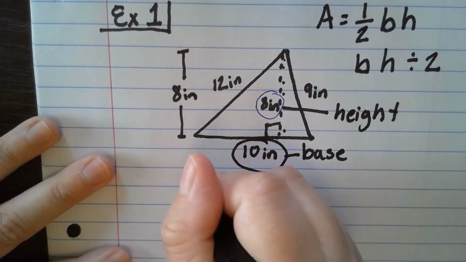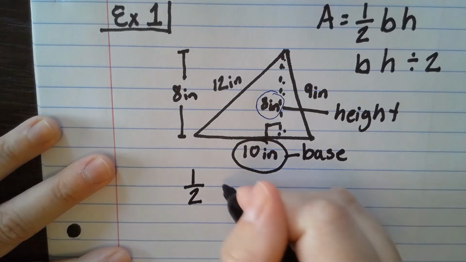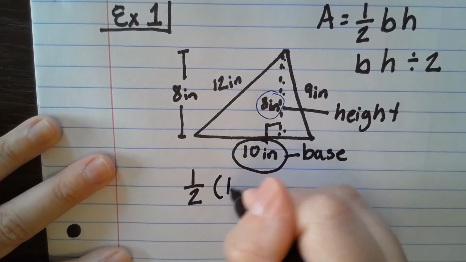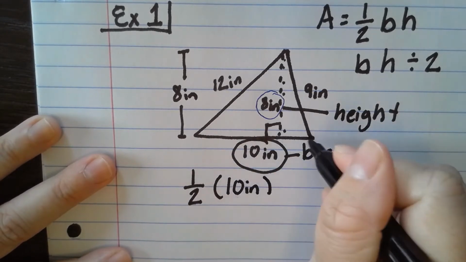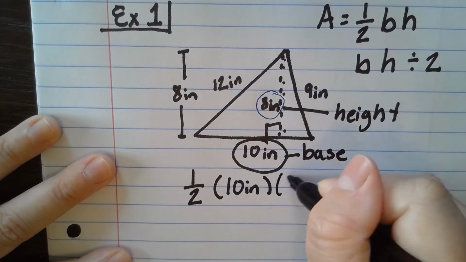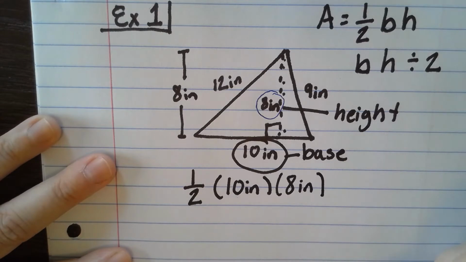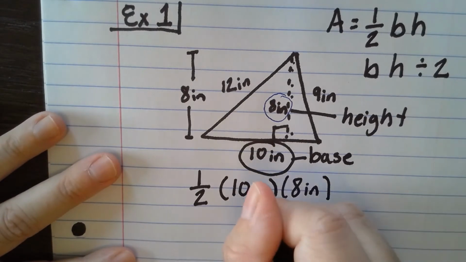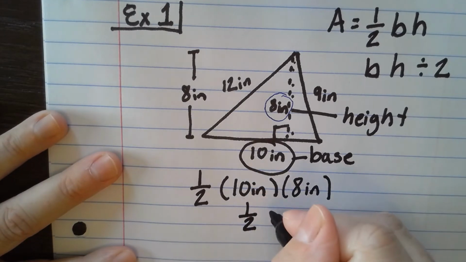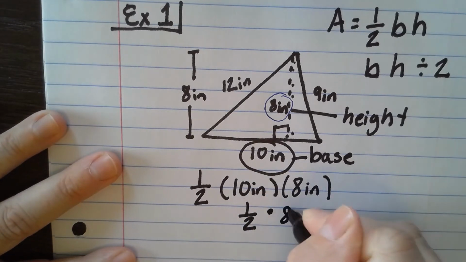Now I'll substitute my values into my equation and solve. I have 1/2 base times height: 1/2, my base is 10 inches, my height is 8 inches, and I will multiply that. I will use a calculator, but in my head I know 10 times 8 is 80. So that's 1/2 times, which I'm showing using a dot, 80 inches.